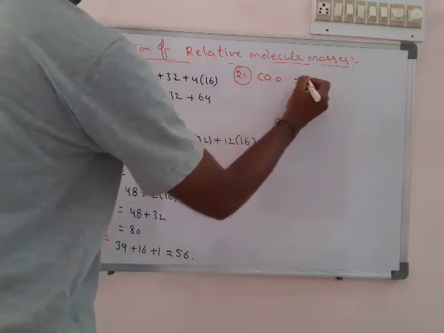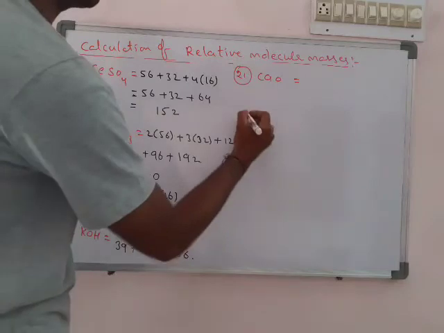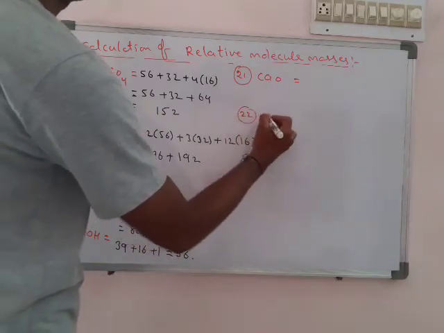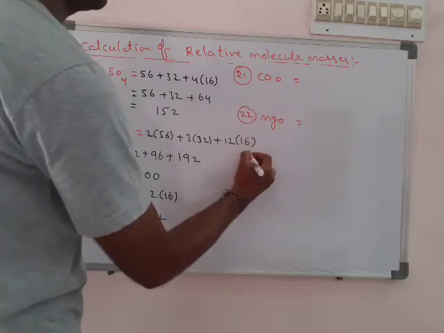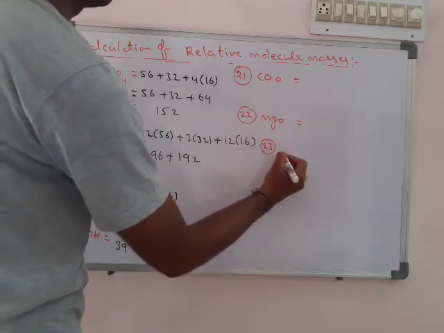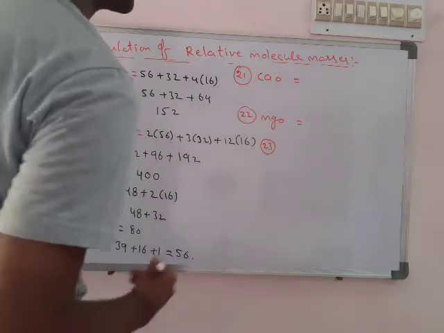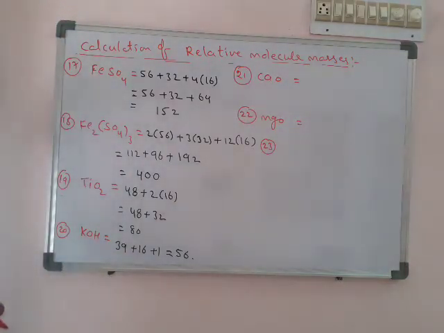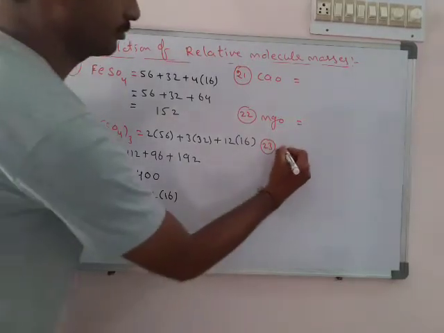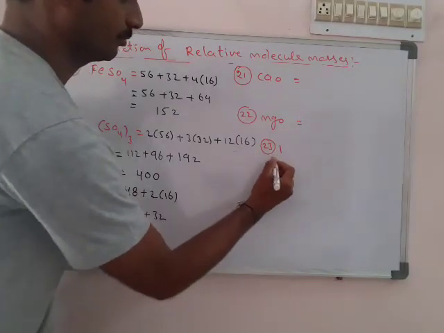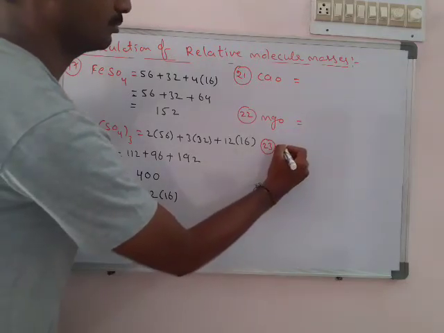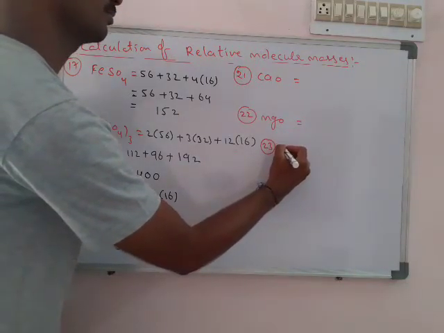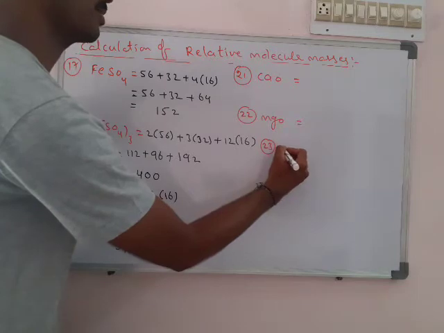Next line, calcium oxide, CaO. Next, magnesium oxide. Next, silicon dioxide, I think completed. Silicon, I think already completed. Next, KMnO4 completed. So, HCl, magnesium sulfate.